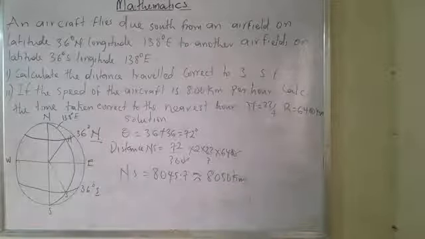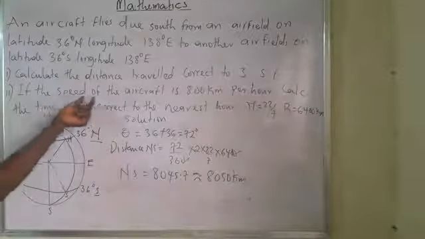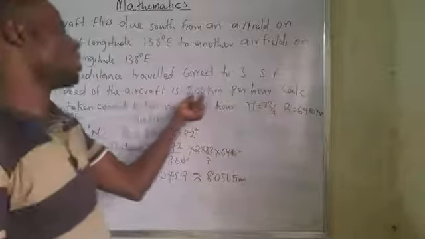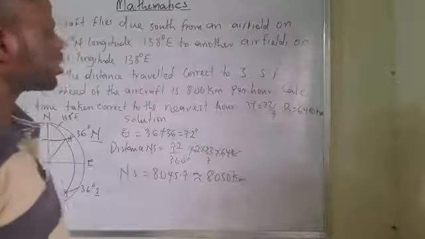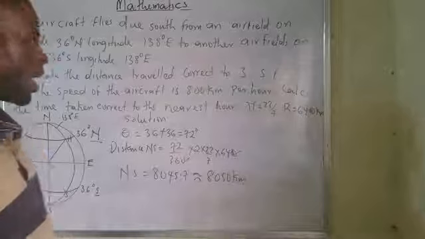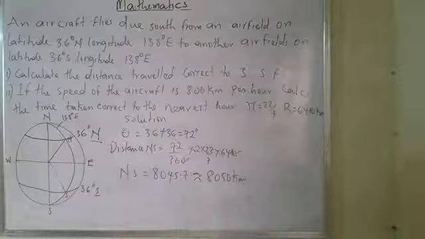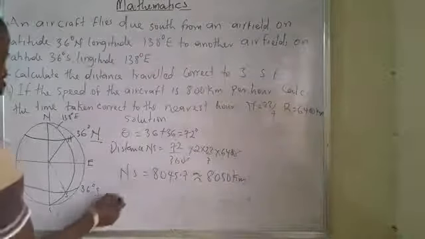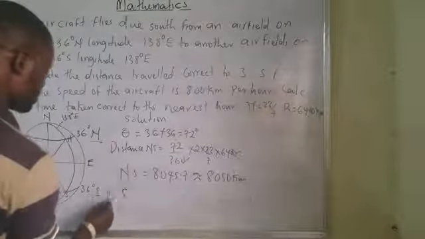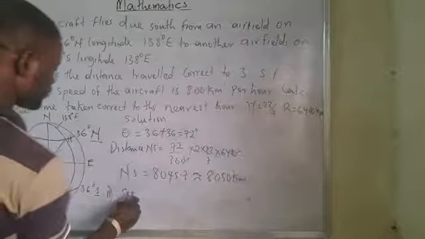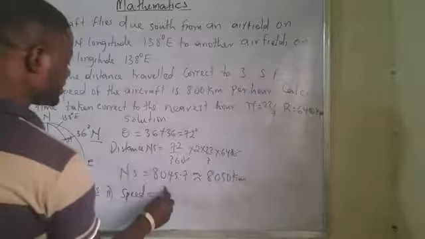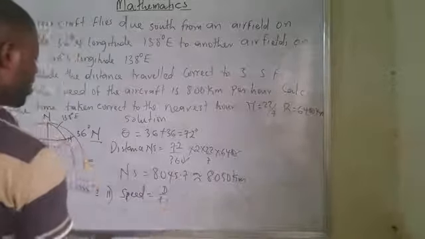Question 2: if the speed of the aircraft is 800 kilometers per hour, calculate the time taken. Before we talk about time, you should understand what speed is. My speed will be equal to distance over time.